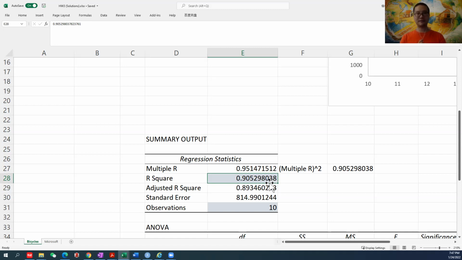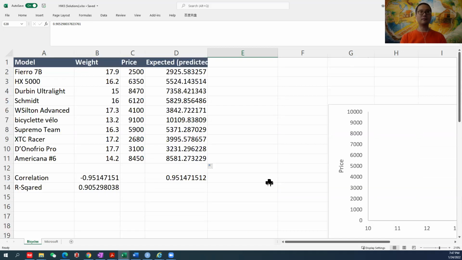It must be based on at least two series of data. For example, in this problem 1, we have 2 series of data, weight and price. It won't be possible to calculate an R square if we only know price. We must also have some other variables to predict price. I see.